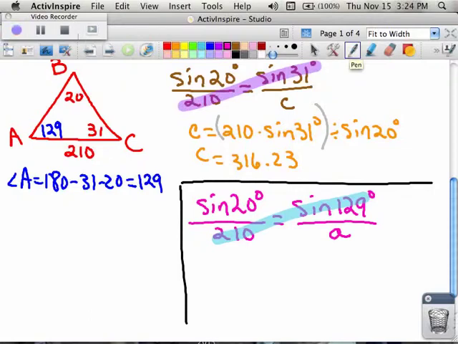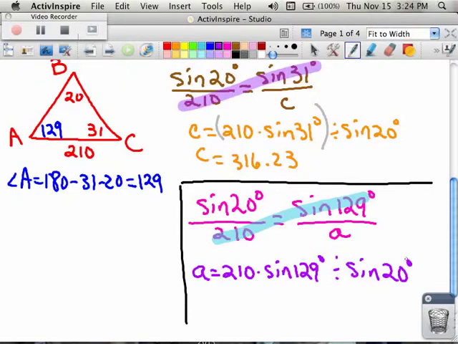So a equals 210 times the sine of 129 degrees divided by the sine of 20 degrees. You should find that a is 477.17. And what I've done is found all the different pieces of this triangle: the remaining angle and the two remaining sides.